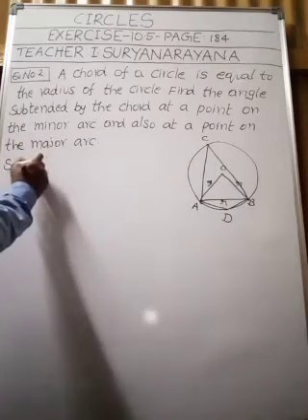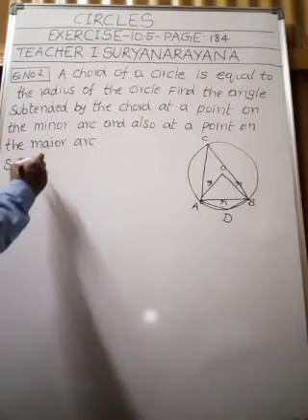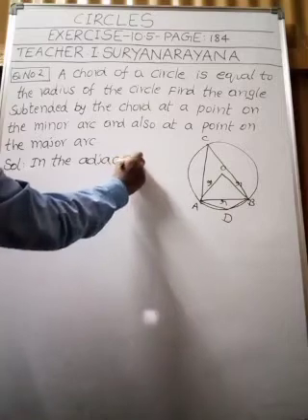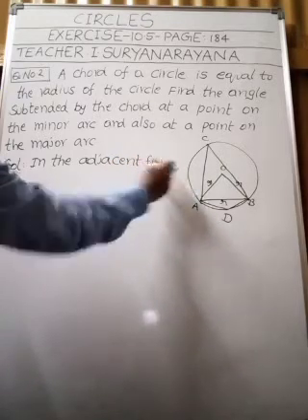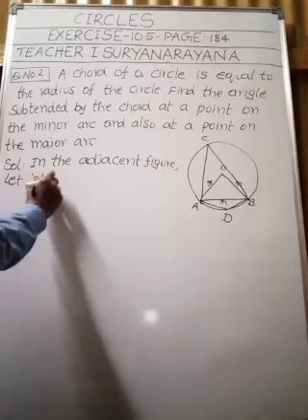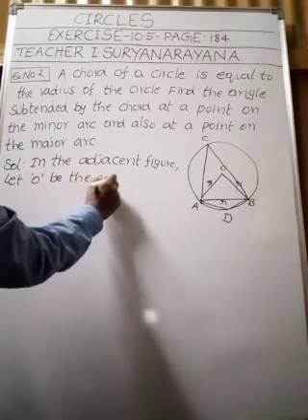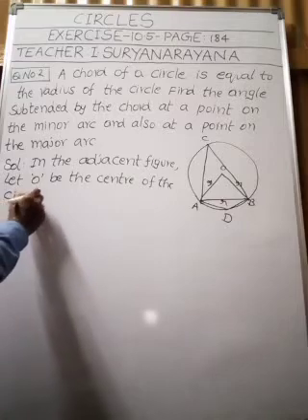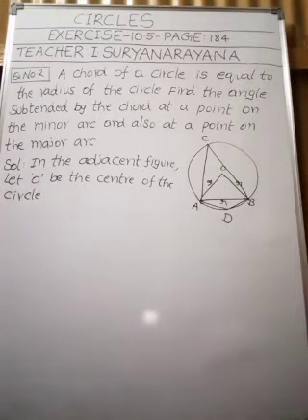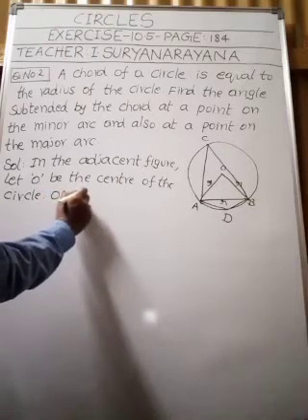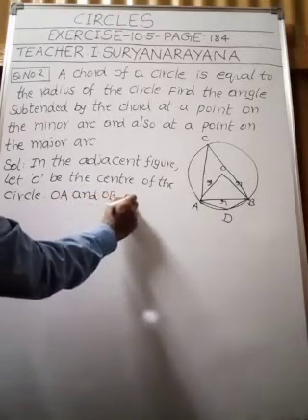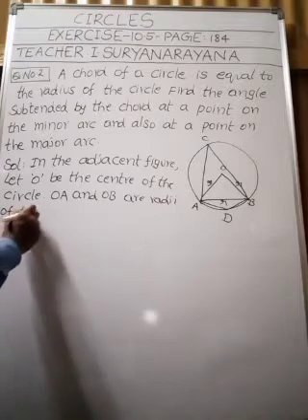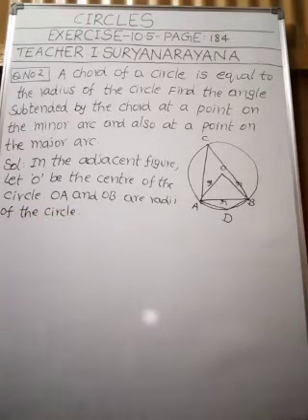Okay, my children. Right. Let us write the description of this figure. In the adjacent figure, let O be the center of the circle. OA and OB are radii of the circle.